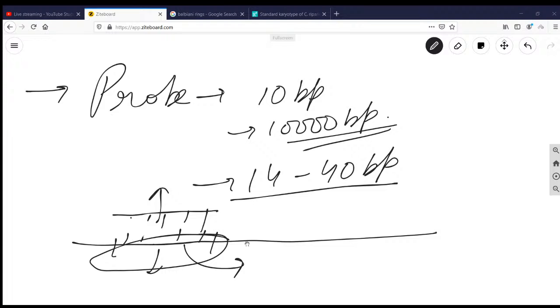So coming to the next question, question number 31. In an inducible operon, very important thing, the genes are usually not expressed unless a signal turns them on.